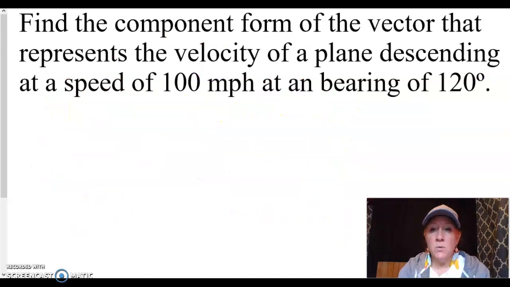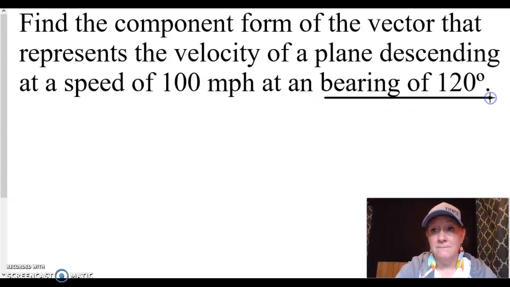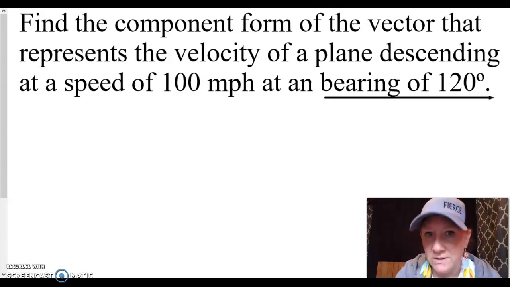Find the component form of the vector that represents the velocity of a plane descending at a speed of 100 miles per hour at a bearing of 120. Okay, so we need to stop and do a little bit of talking about bearings. When you have a compass and you're looking at bearings, which way does the compass always go?